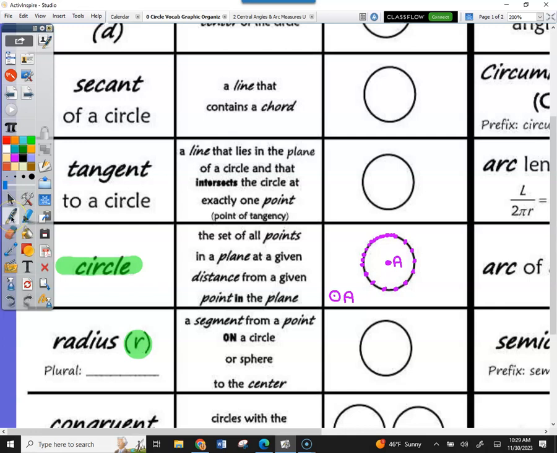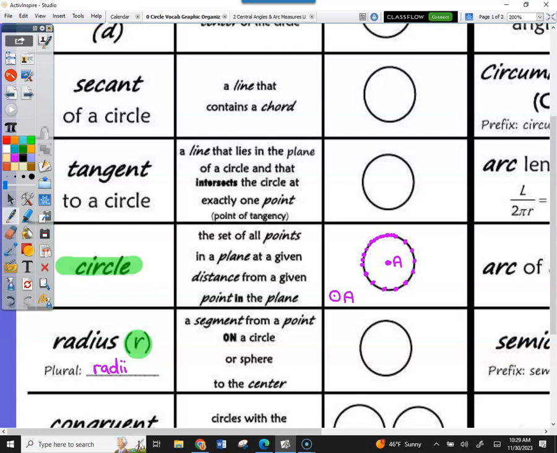Now, if we have a circle and there is more than one radius drawn, the correct plural word, which looks very weird, is radii. You don't say radiuses, that's not a word. You say radii. So if we have a circle with more than one radius drawn, we would say, how many radii do you see?